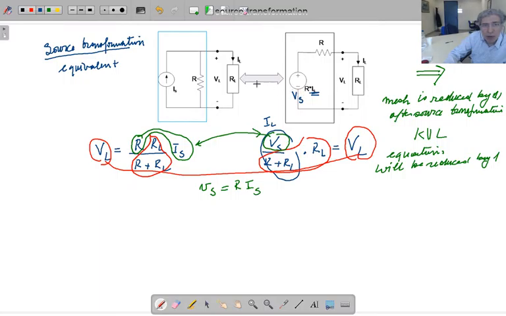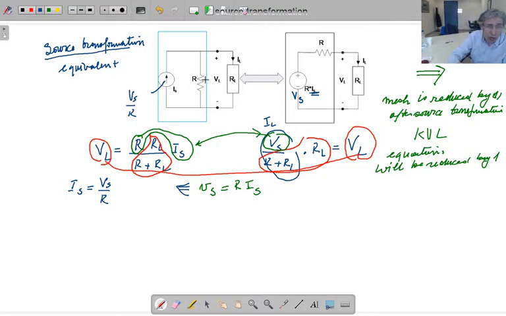If you are coming from this side, that means Vs is given to you, you're going to find out Is in terms of Vs. From that equation, Is is going to be Vs over R. So this is given to you, and you are transferring these parameters to that independent current source, with current value Vs over R, and put that resistor in parallel. They are equal to each other, isn't it?